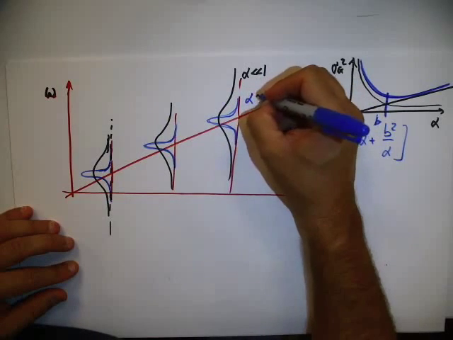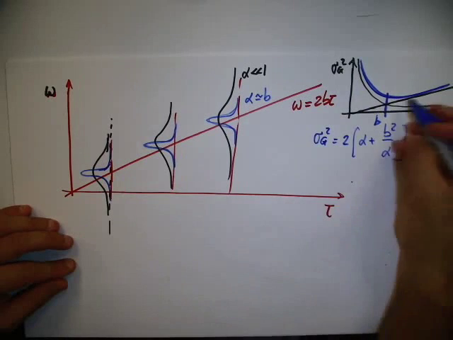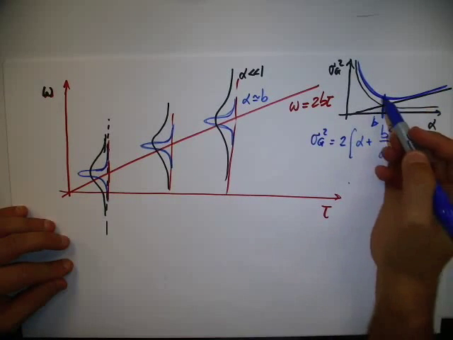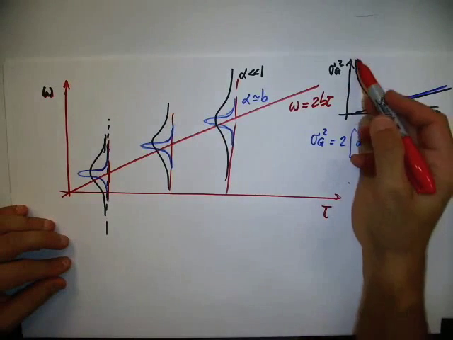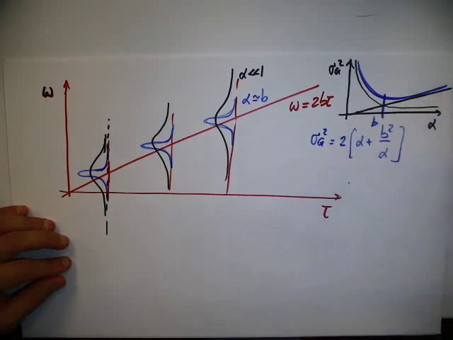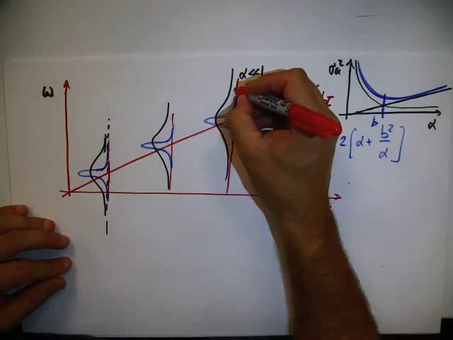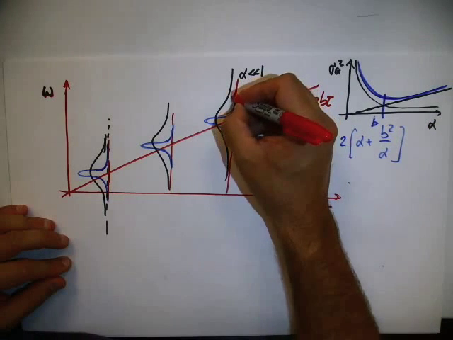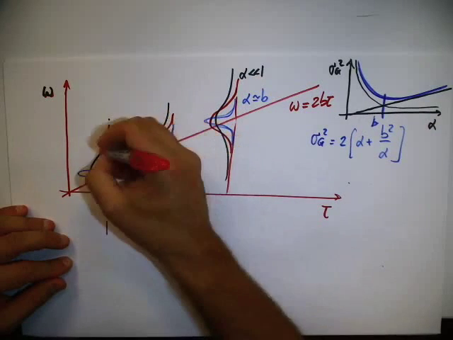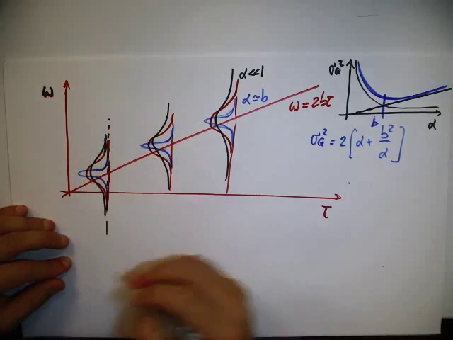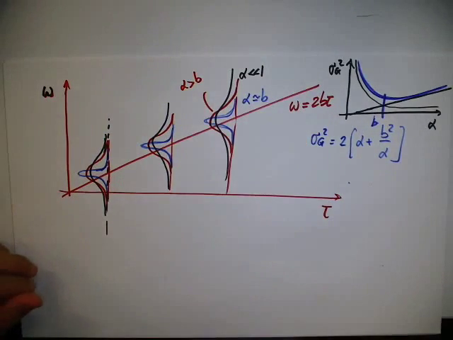This is now when alpha is around b. However, if alpha is greater than b, the spread becomes larger again, but not as bad; it tends to infinity, but very slowly as alpha grows. So we get something in the middle. This is when alpha is greater than b.